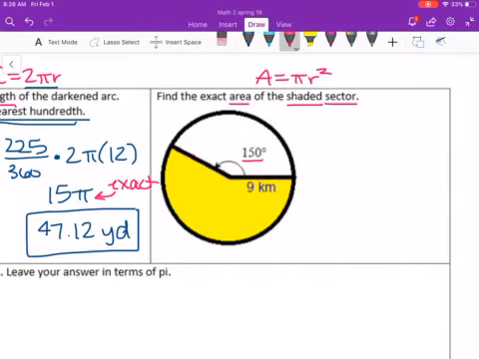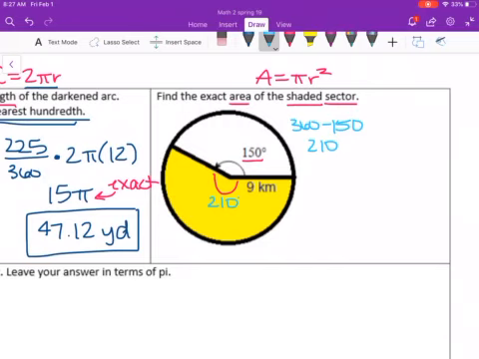So before we do anything, we have to figure out what is the angle of the shaded sector. And to figure that out, we would know that the whole circle adds up to be 360 degrees. And we need to subtract the 150 to see what we have left for the shaded sector, which in this case is 210.